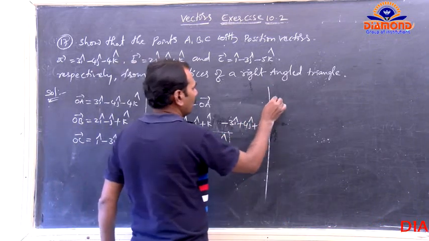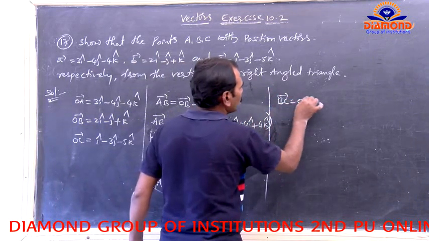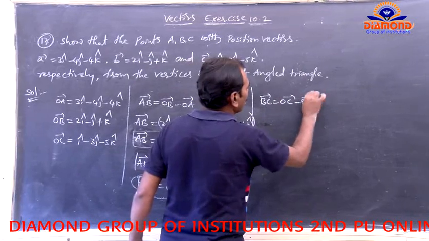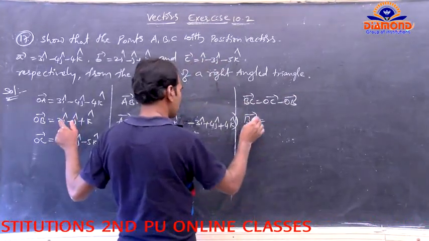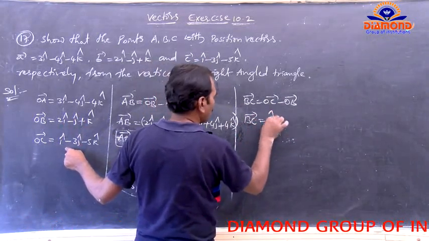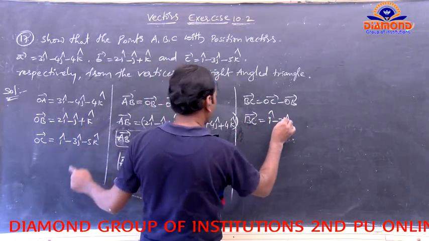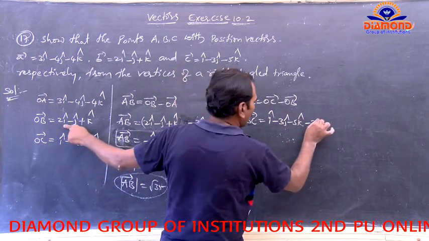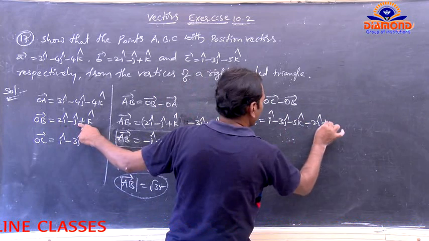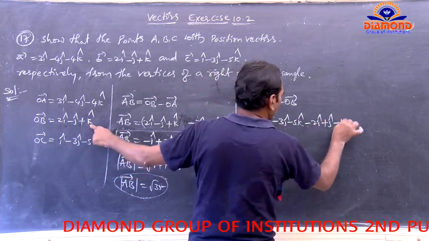Next, BC. BC means OC minus OB. So BC equals i cap minus 3j cap minus 5k cap minus (2i cap plus j cap minus k cap).